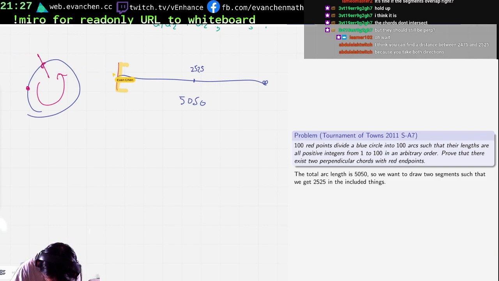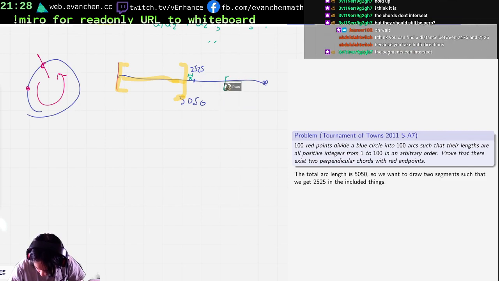So the one that ends right around here, there should be some other segment of length like 2525 minus... There's some length x here, is what I'm trying to say. And if x is out here, then you win. So without loss of generality, you can assume x is in here.